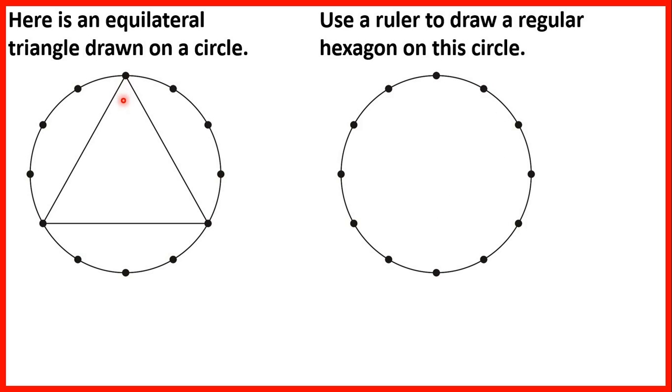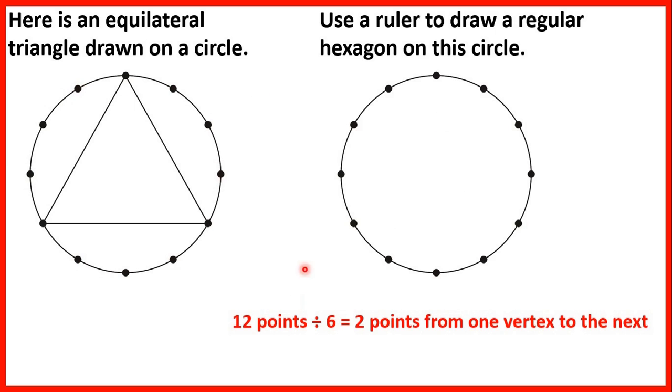Now notice here, with the equilateral triangle, between the vertices we have 3 dots here, and 3 dots here, and 3 dots here. Now we have 12 points altogether on our circle, and because a hexagon is a six-sided shape, if we divide by 6, that tells us that we will have 2 points from one vertex or one corner to the next.